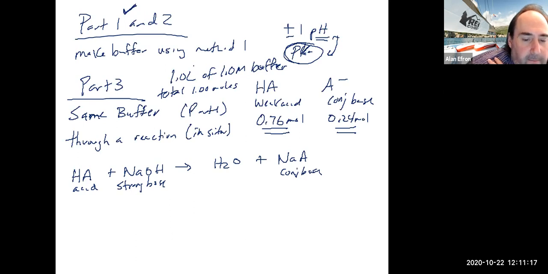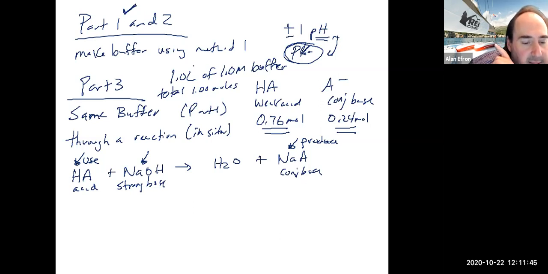Okay, so in this case, what we're going to do is we want to use only one component of our buffer. So in my case, I'm going to use just the acid. I'm going to react it with the sodium hydroxide. And this I'm going to try to produce. So I'm not starting with any of my conjugate base here.